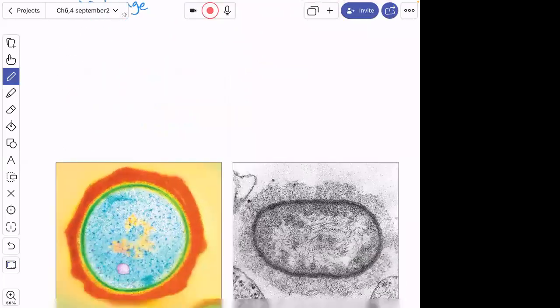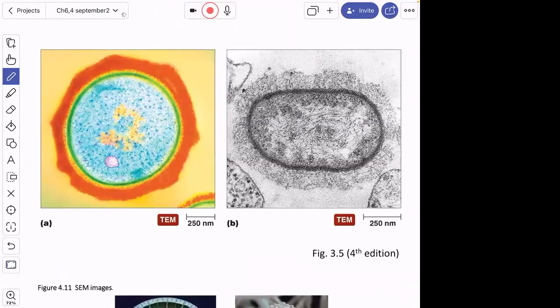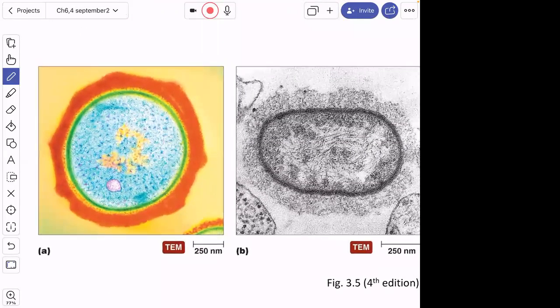Here's an example of some images. These are TEM images, transmission electron micrographs. Like I said, a cross section. Sometimes if you're not familiar with looking at these all the time, that's not immediately obvious, but we can add artificial coloring. There's not really dyes, that's added in later.